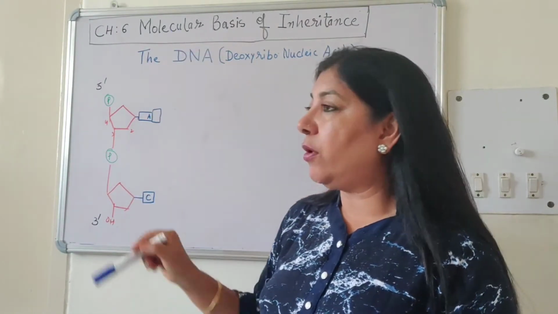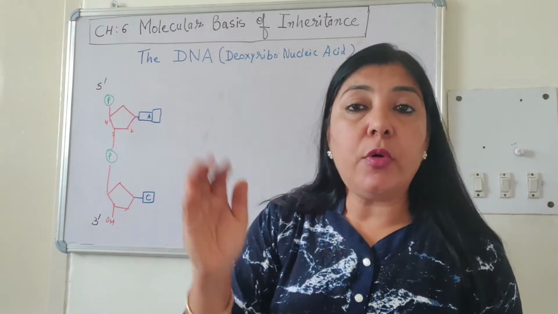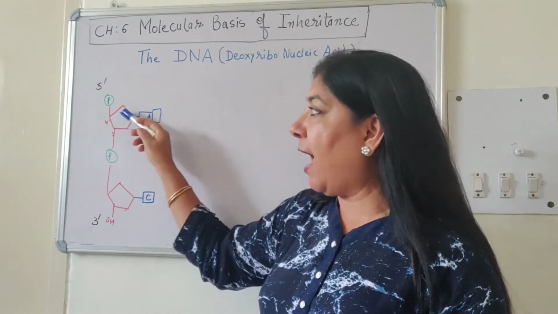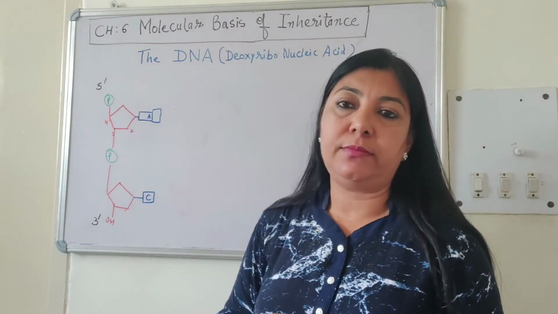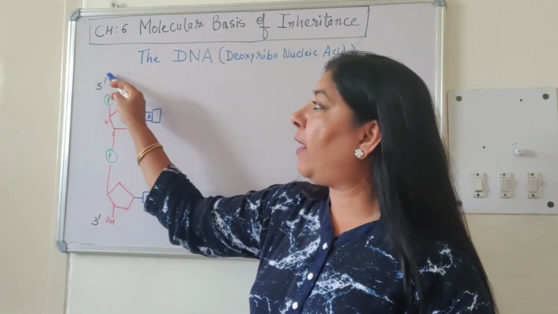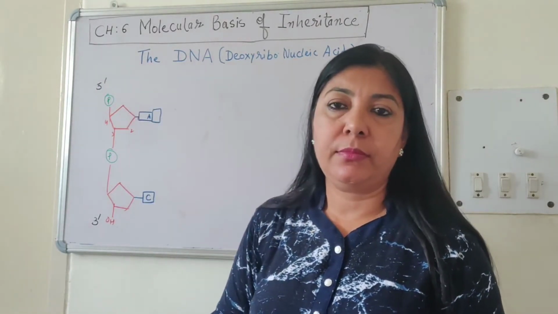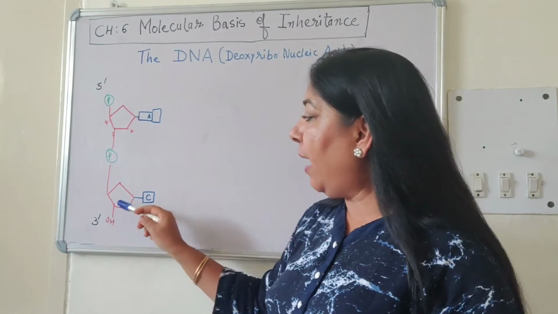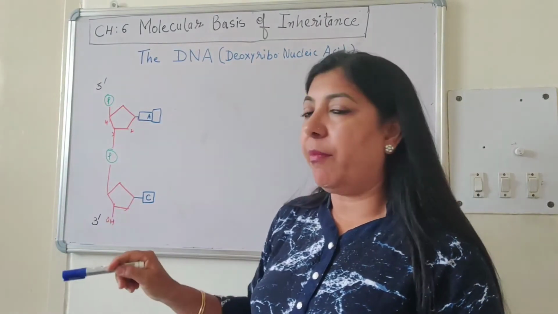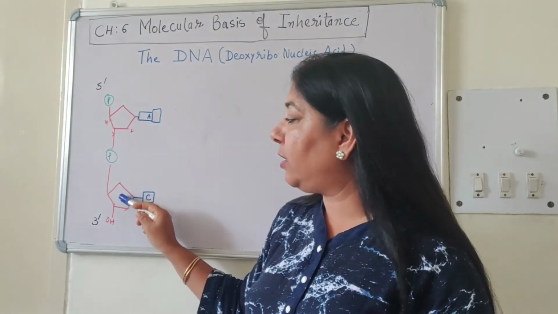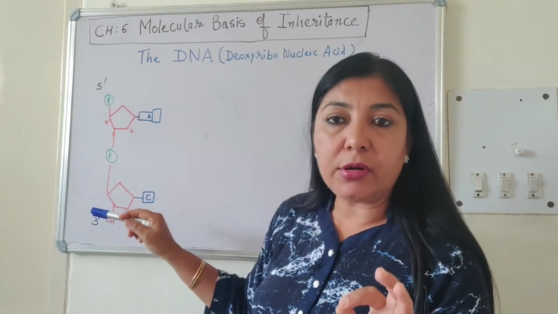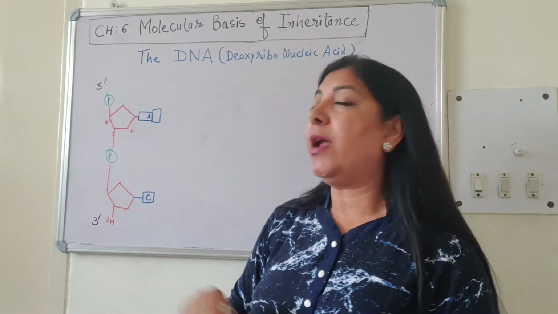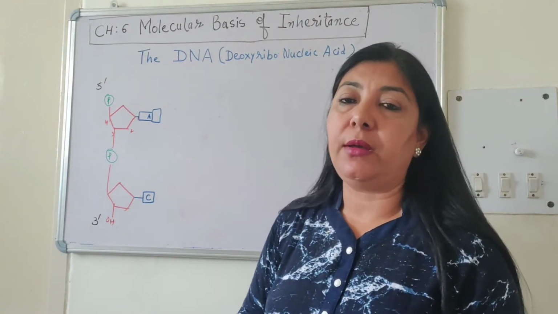So in this polynucleotide chain, the backbone will always have the phosphate at the 5th position. So that is called 5 prime. And the last deoxyribose will always have a hydroxyl at 3 prime, the 3rd position of carbon.